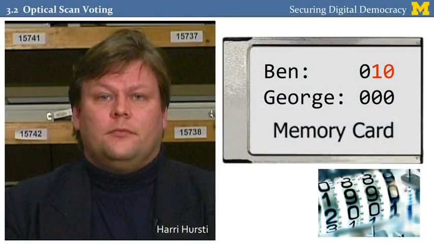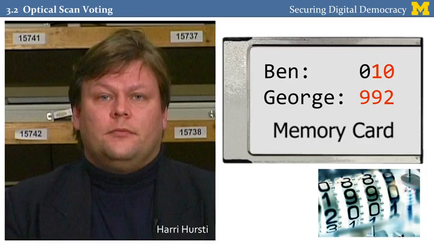The memory card in the voting machine worked in essentially an identical way. And Hursti realized that if he programmed 10 votes for the candidate he wanted to win and, say, 990 votes for the other candidate, then when real voters used the machine, both numbers would increase.